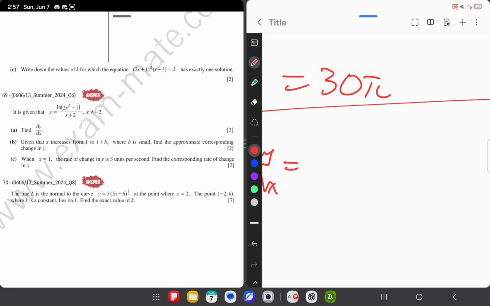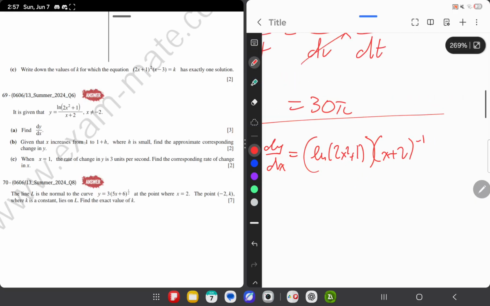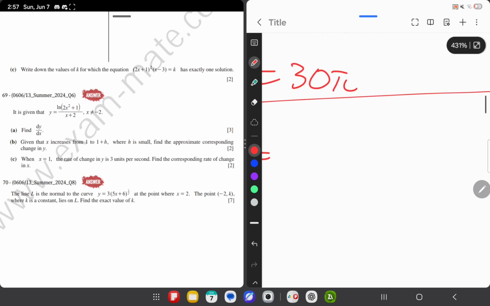I want to do this in another way. I want to find the natural log of 2x squared plus 1 times x plus 2 to the negative 1 power. Doing this, what do we get? A few factors.